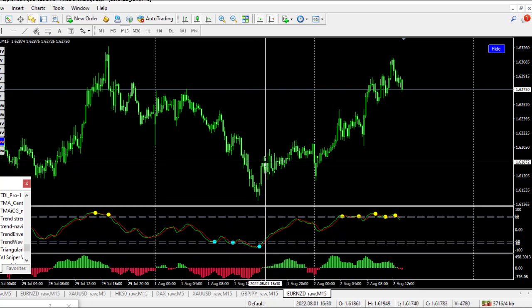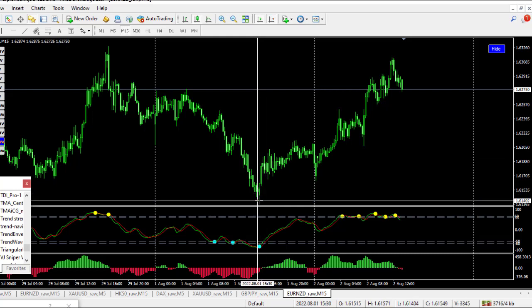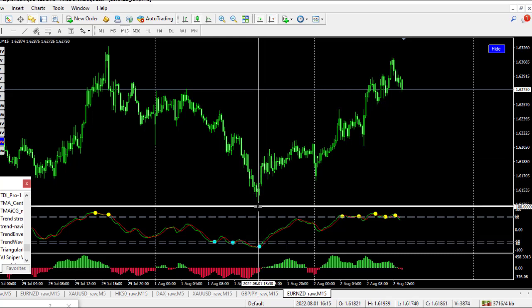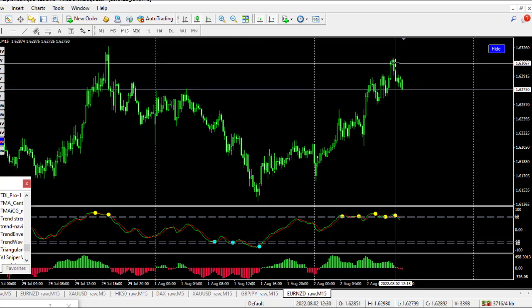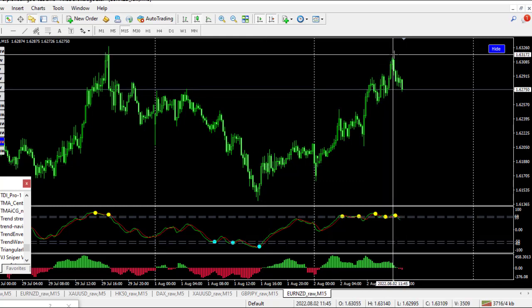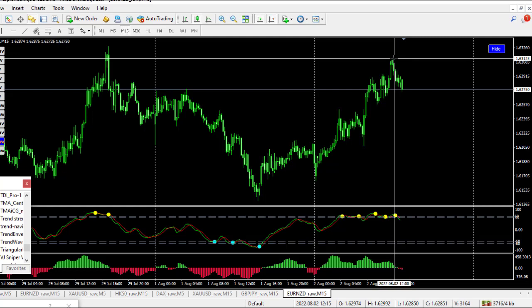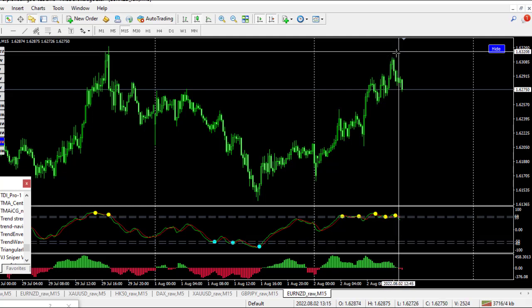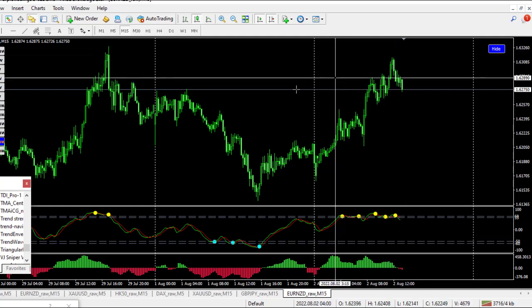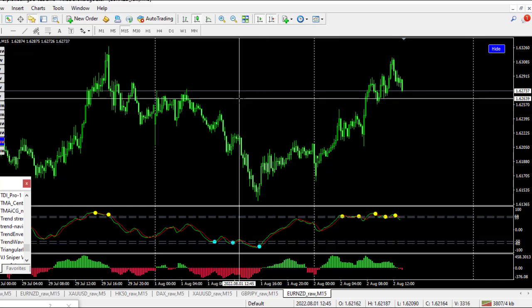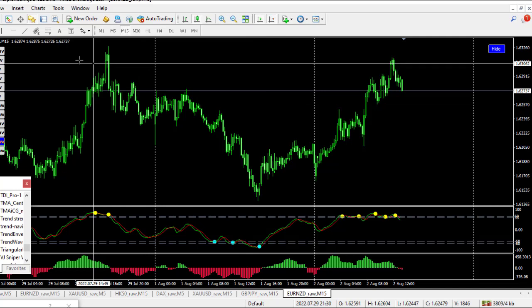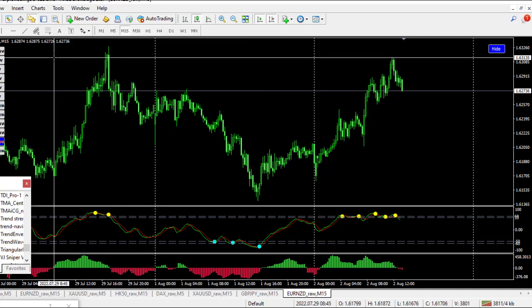So once you place your trade here, your stop loss is going to be the previous low before the signal was generated, and for a sell, the stop loss will be the previous high before the signal was generated, just a few pips above it, and you are cool. This is how to use this particular strategy.